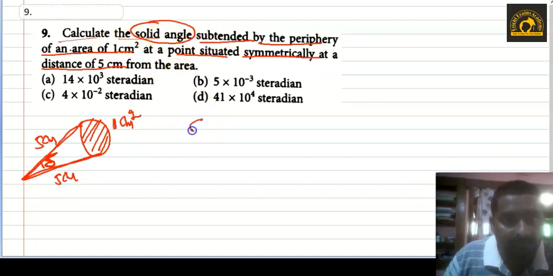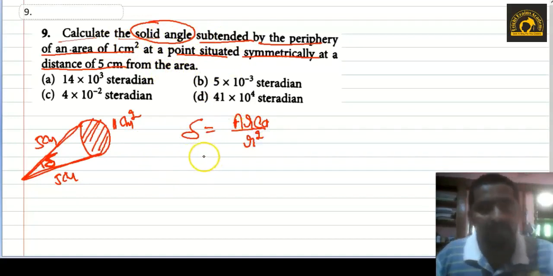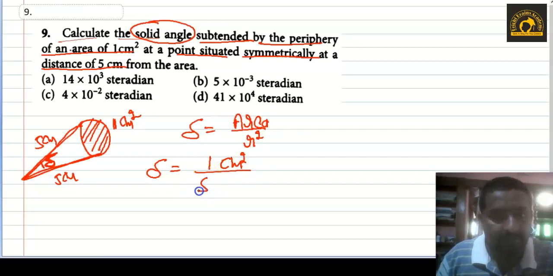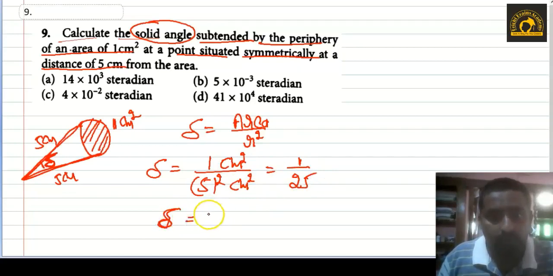So now the question is asked. The solid angle is equal to area divided by r square. So the solid angle delta is equal to area, 1 centimeter square, divided by radius 5 centimeter square. So that is 1 divided by 25, so the solid angle is equal to 0.04 steradian.